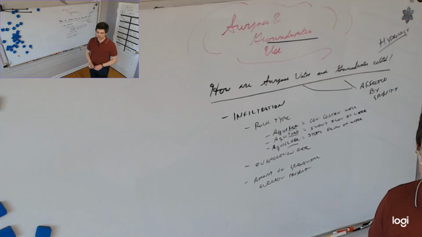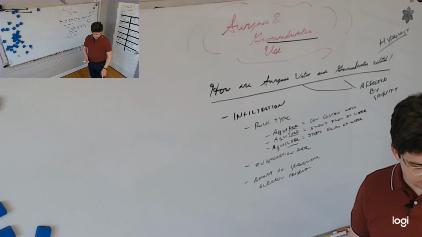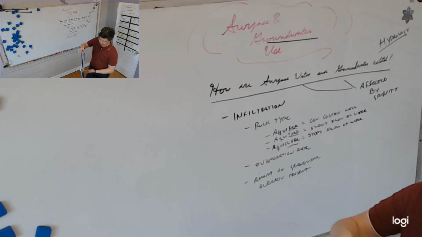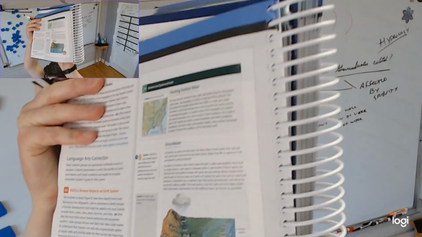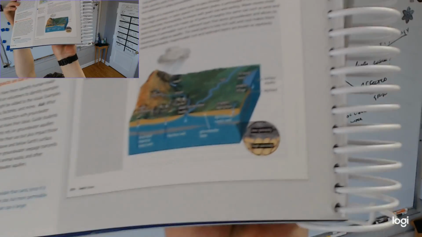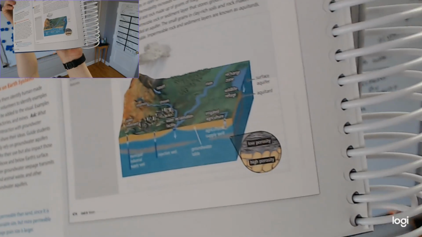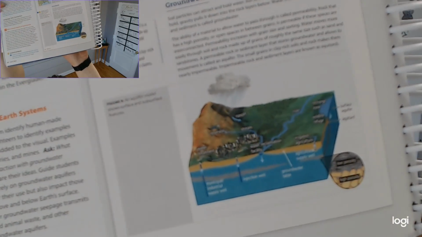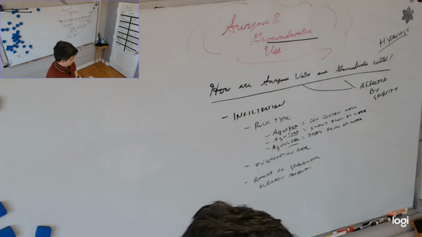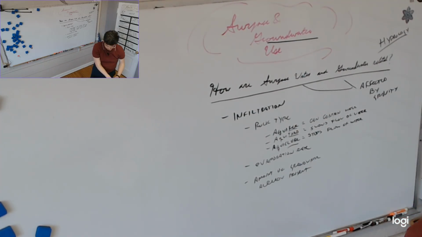How does groundwater get there in the first place, then? I love this little diagram on page 4. I'm going to show it to the camera so that if you're watching... Oh, gosh, I'm so bad at this. Everything's backwards. Look at this diagram. How does groundwater get there in the first place?